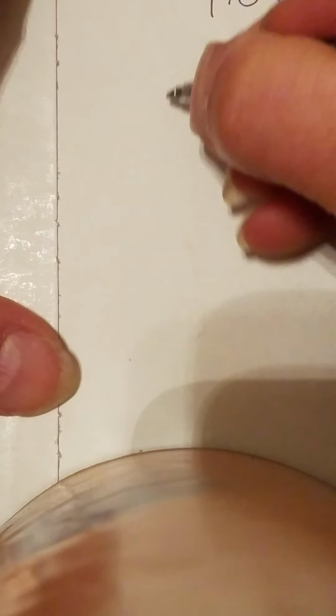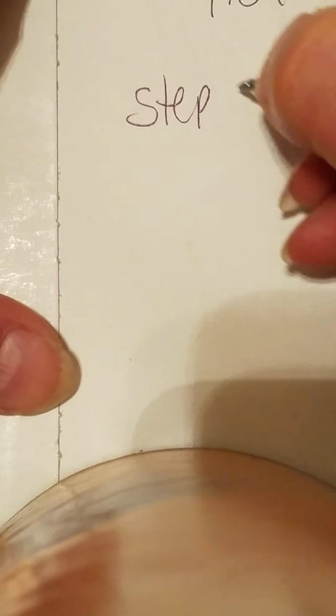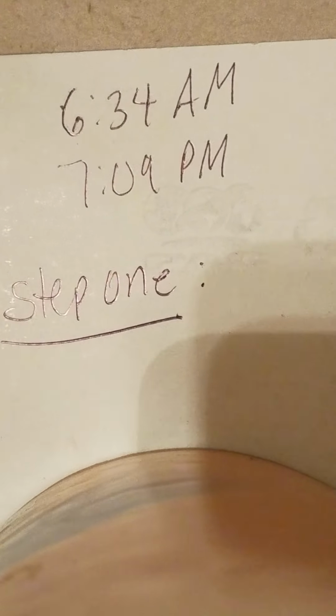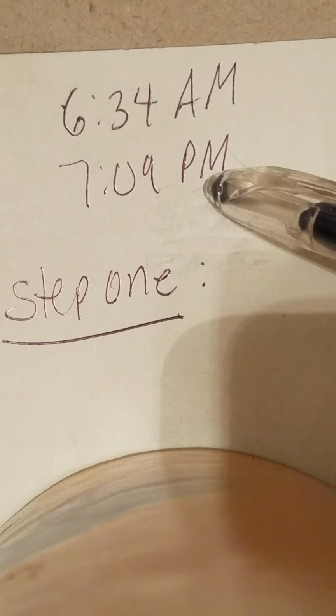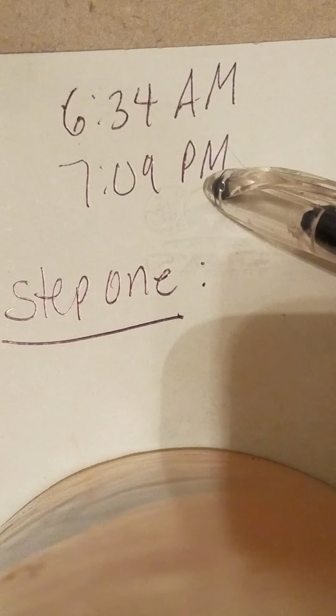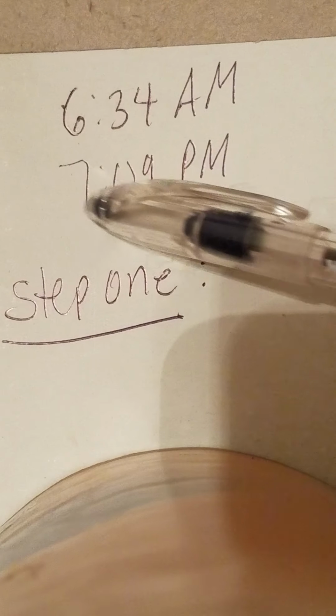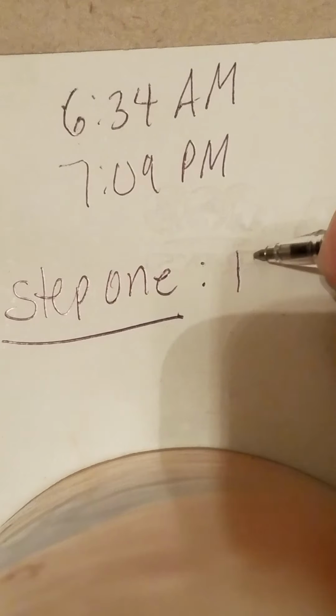All right. So our step one is very, very simple. Let's go to step one. When we switch from AM to PM, we have to add 12 hours to the PM time. So for right now, we're just going to add 12 plus 7, and we all know that that is 19.